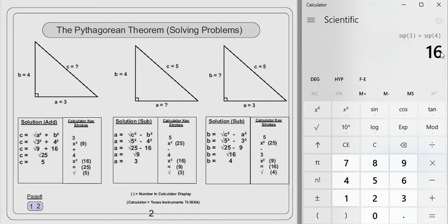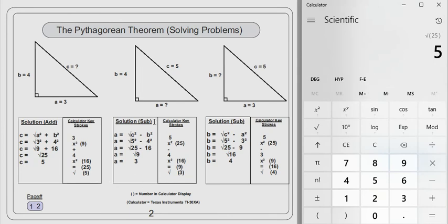You notice I have that 16 in the display here on this calculator because I just hit the squared button for 4. Now I'm going to hit the equals, and I have 25 in my display. Now I just hit the square root button, and I'll end up with the linear units for this hypotenuse. And this is the square root button right here. And there's our answer, 5.